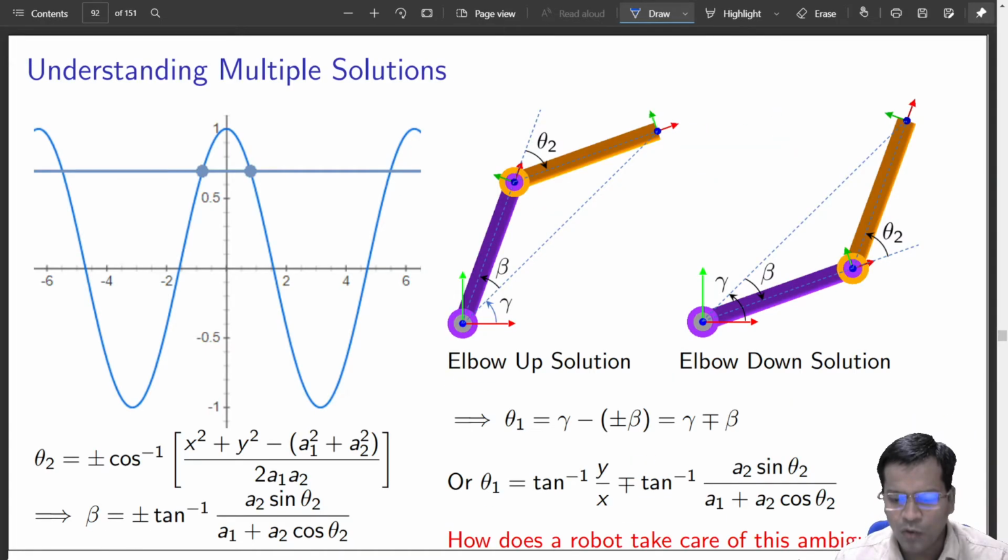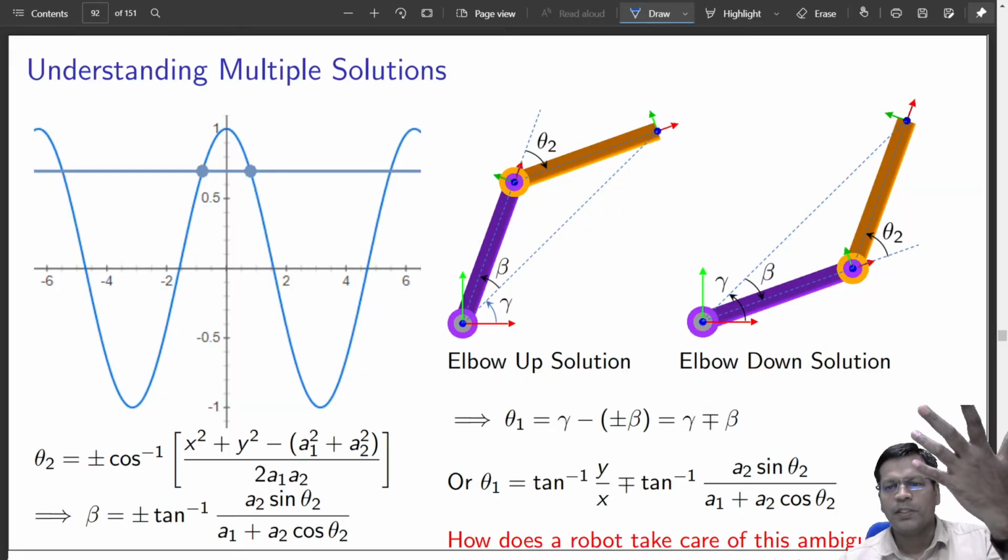So how does a robot take care of this ambiguity? You cannot just say go to a position and the robot will decide whether to take theta 1 and theta 2 like this, because you have commanded the robot to go to a position but have not specified elbow up or down, so there is ambiguity.